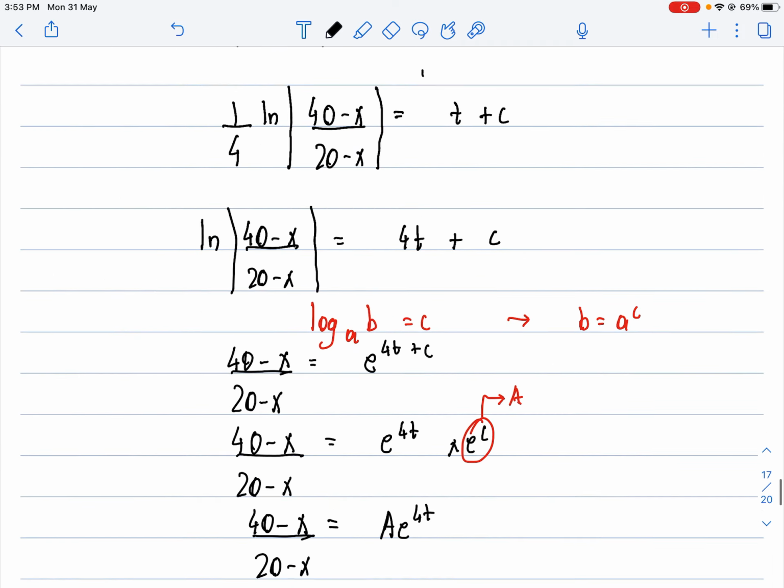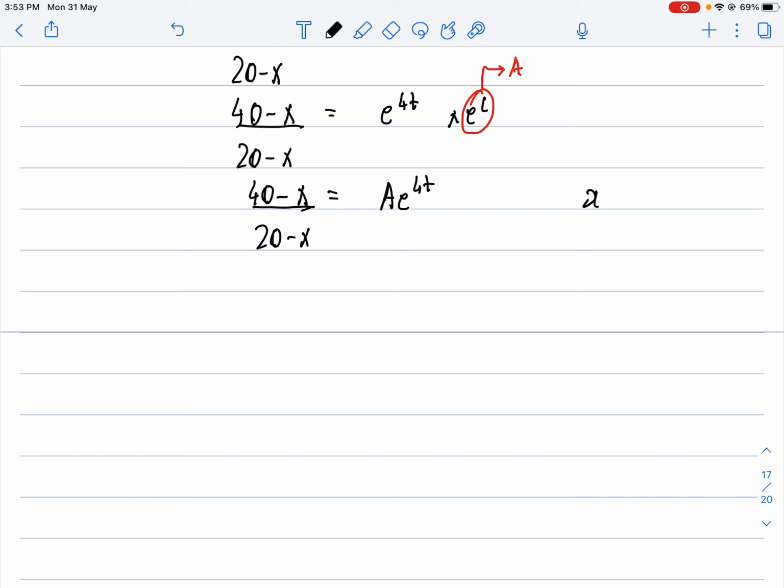So x equals 10 and t equals 0. So 40 minus 10 gives me 30 over 20 minus 10 gives me 10 equals A. Here 4 into 0 gives 0 and e raised to 0 is 1. So A is 30 over 10, which gives A basically as 3.